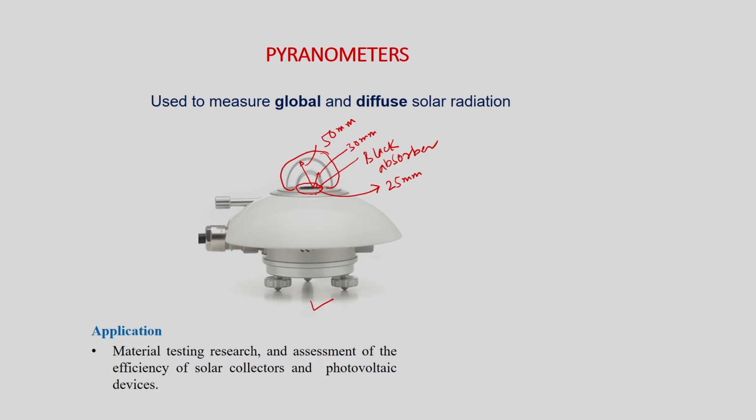Beneath this absorber, thermopiles are attached. If we write it clearly, this is the black absorber, this is a thermopile or sensor, and this is a guard plate.